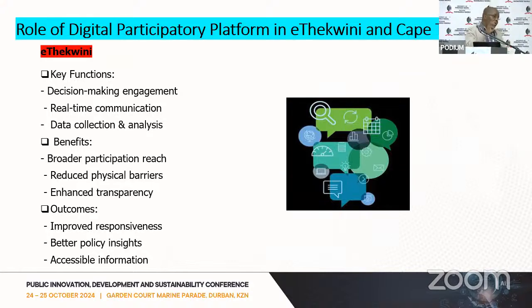We talked earlier about decision making. Are ordinary people able to influence the policies of the municipality by participating, by giving their input? That becomes an issue. And if we are saying that there is democratization of these spaces, we should be in a position where concerns lodged with the municipality get a spontaneous response.